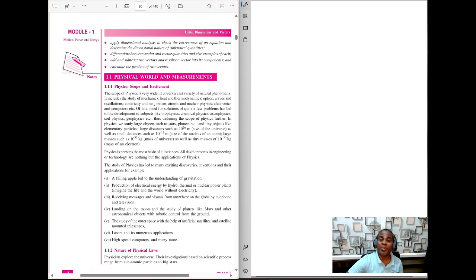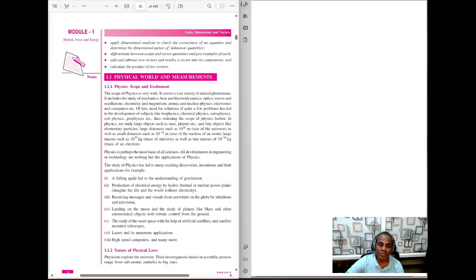And the macro and micro applies to the size of particles as well as to their masses. So at one end, the mass of the universe is about 10 raised to 55 kg. That means 1 followed by 55 zeros. That big a number. At the other end, the mass of an electron is very minuscule, 10 raised to minus 30 kg. That means 1 upon 1 followed by 30 zeros.